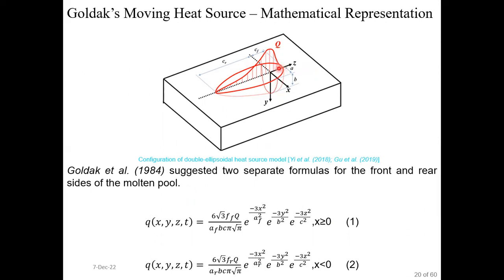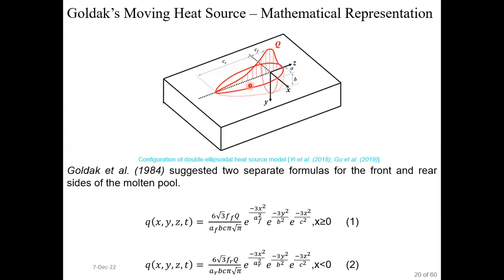In this figure, we can see a substrate on which, in red color, there is a double ellipsoidal shaped molten pool. This red zone represents the double ellipsoidal molten pool. This area represents the frontal part of the double ellipsoid, while this area represents the rear part.